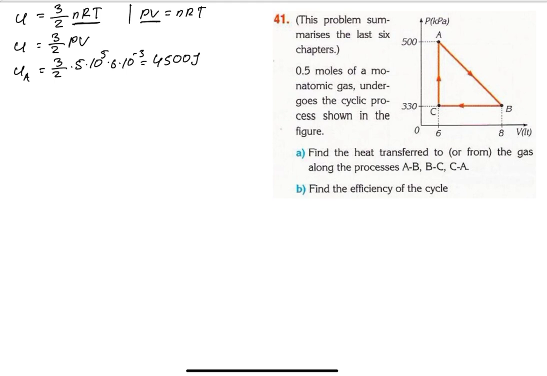And the same, let me write it here, internal energy (4,500), and for the state B, UB will be equal to 3/2 times pressure, which is 3.3 times 10 to the power of 5 times 8 times 10 to the power of -3, which is equal to 3.3 times 3 times 8/2.